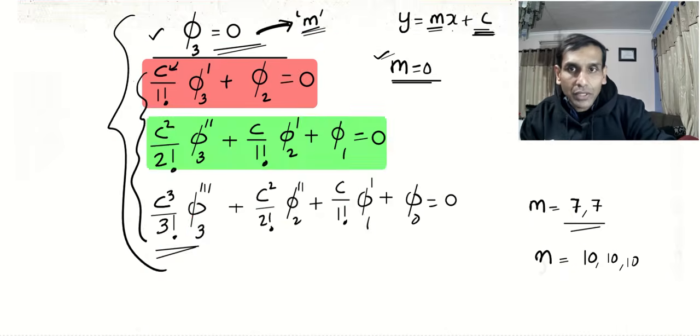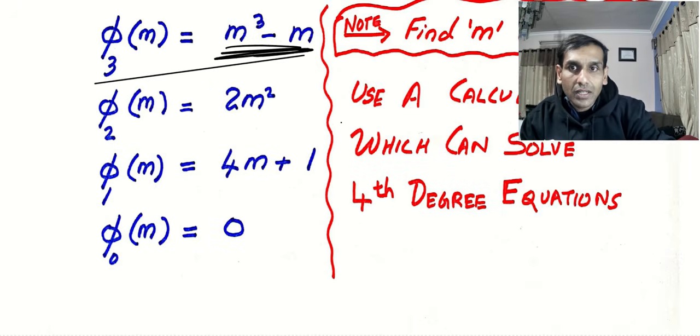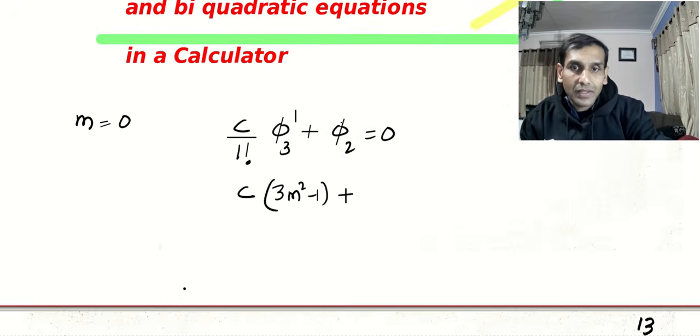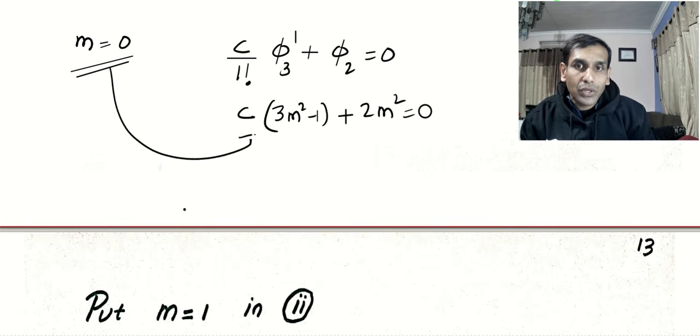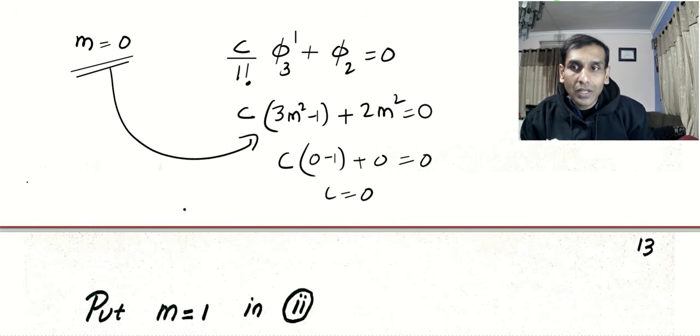What is the value of phi 2? I have it here, 2m square. So c into 3m square minus 1 plus 2m square equal to 0. So what I do is I'll plug in m equal to 0 here. c into 0 minus 1 plus 0 equal to 0. So I got c equal to 0. So my equation will be y equal to mx plus c. That is y equal to 0x plus 0.